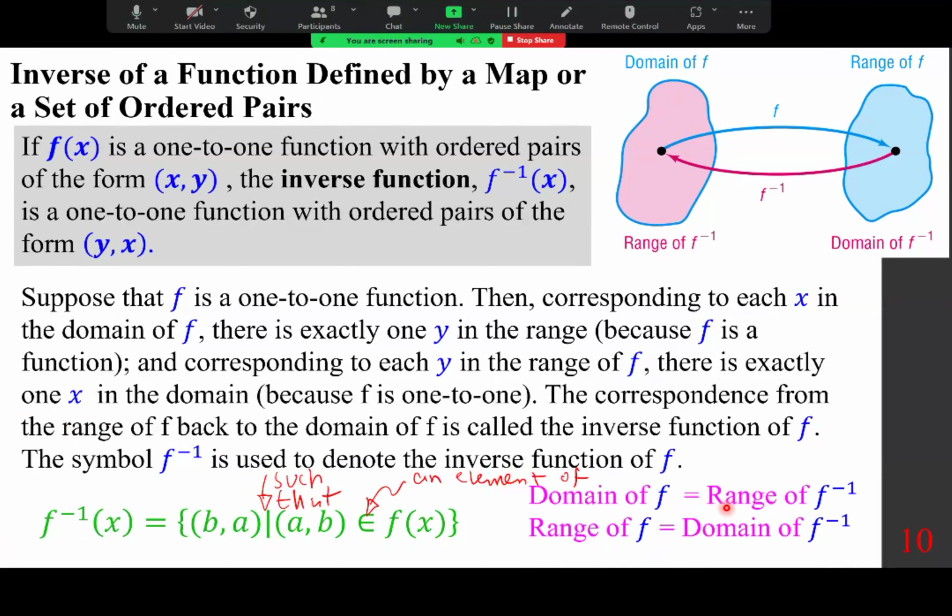The domain of f is the range of f inverse. The range of f is the domain of f inverse. The domain and range are interchanged.